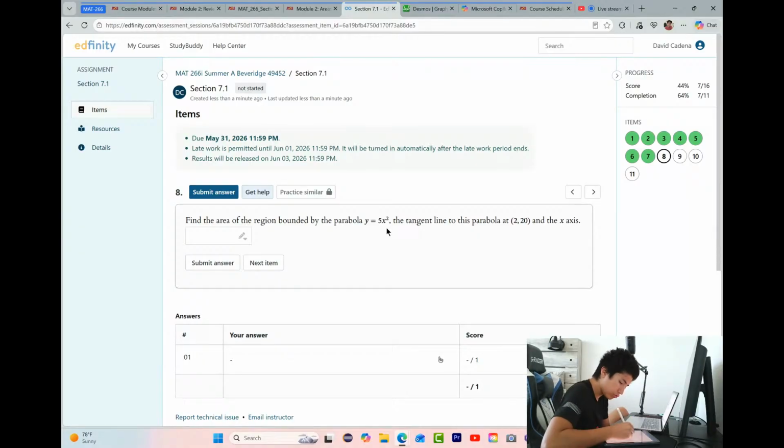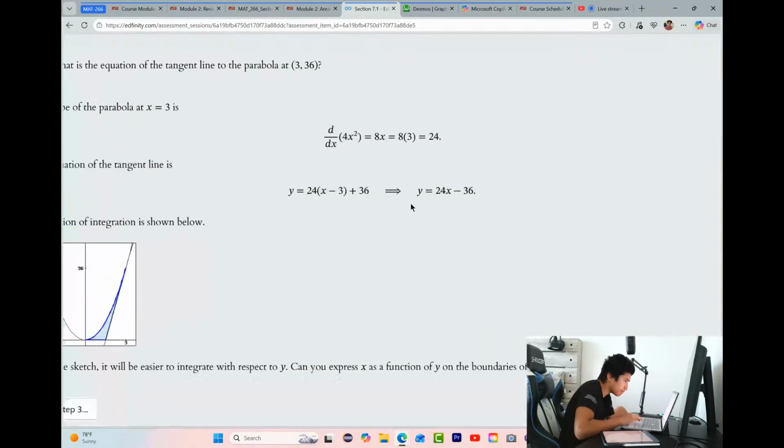What's x1? 2. So y equals 10x squared minus 10x times negative 2. 20x plus 20. Now that sounds horribly wrong, and that's why I'm just going to check the help.